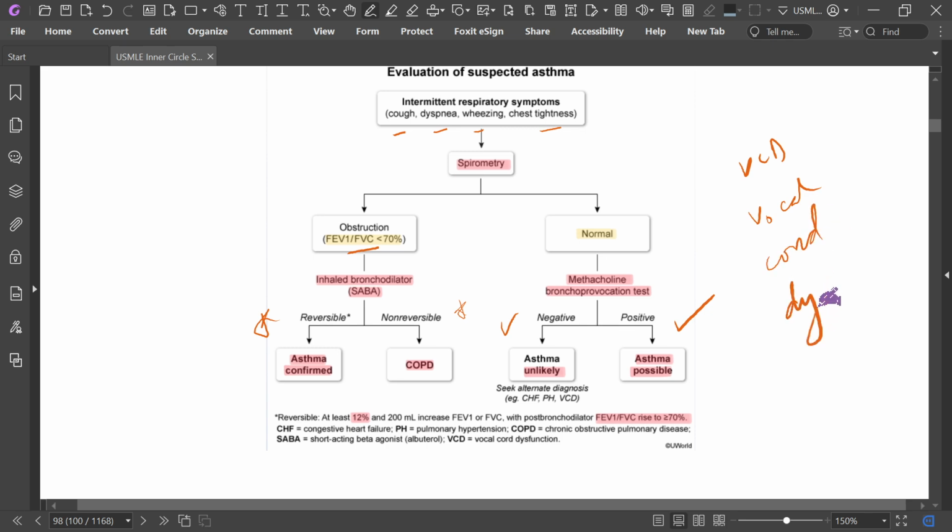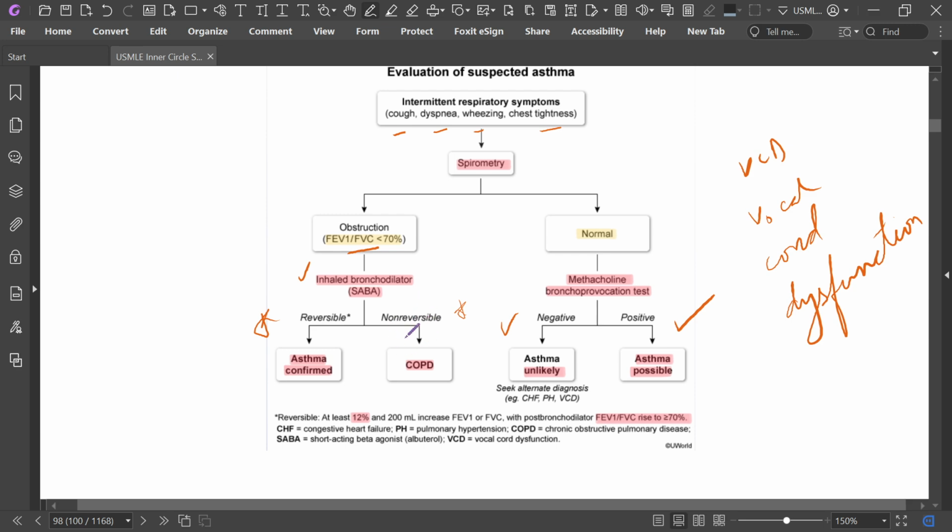So this flowchart is a must-know flowchart for diagnosing asthma. Again, spirometry: if spirometry shows an obstructive pattern, think about asthma. In an obstructive pattern, there is asthma along with COPD, and if an inhaled bronchodilator like SABA is given and the condition is reversing, that is asthma confirmed.